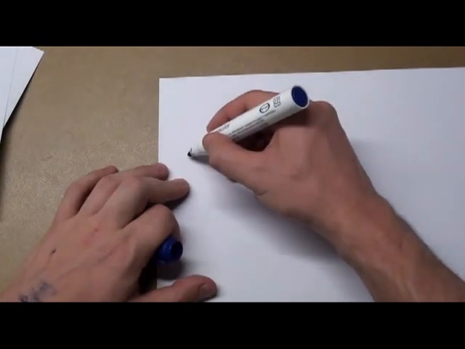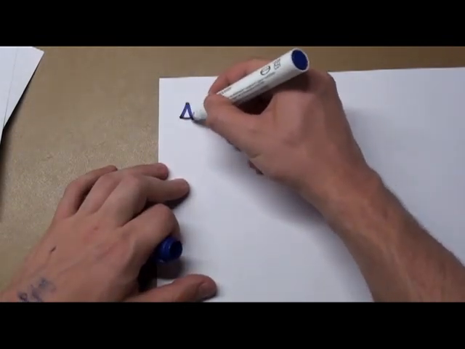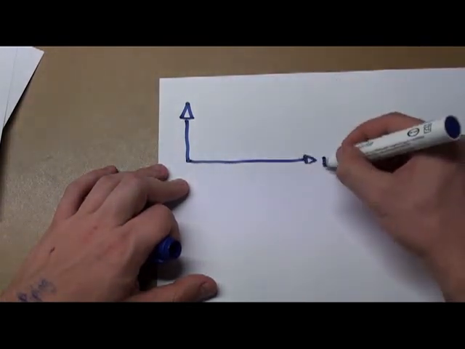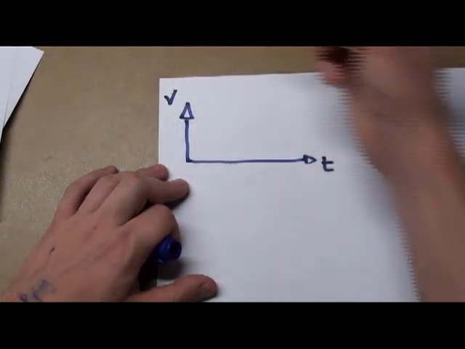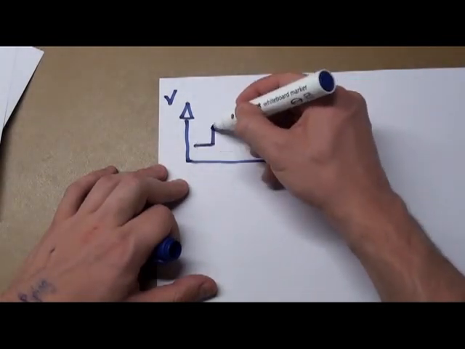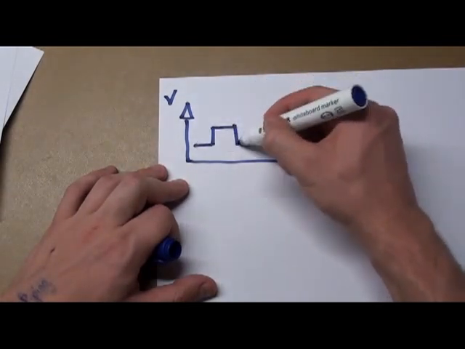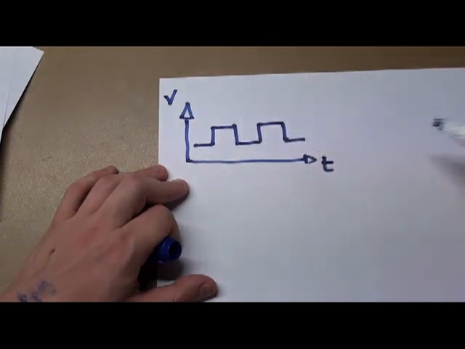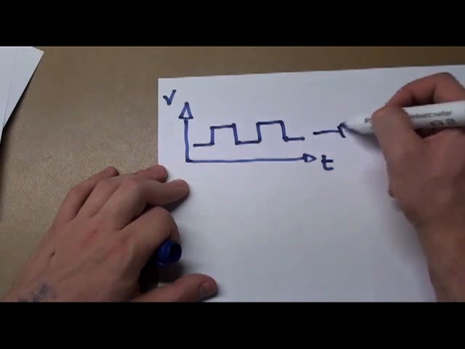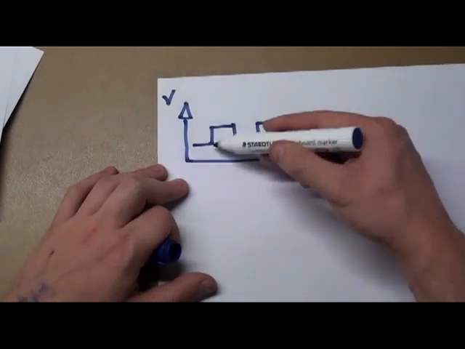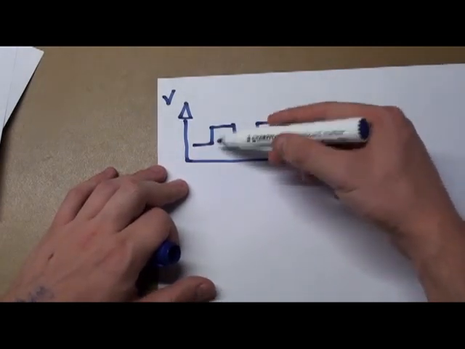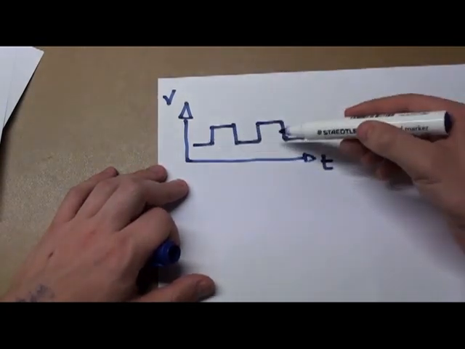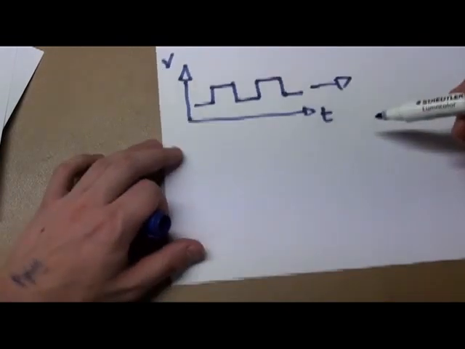So if I were to have a voltage signal, where this will be time and this will be volts, and a signal that looks like this, which is what we call a square wave, and it goes on forever and ever. You can actually represent this as lots of frequencies of sine waves. In fact, to represent a square wave you need infinite frequencies.